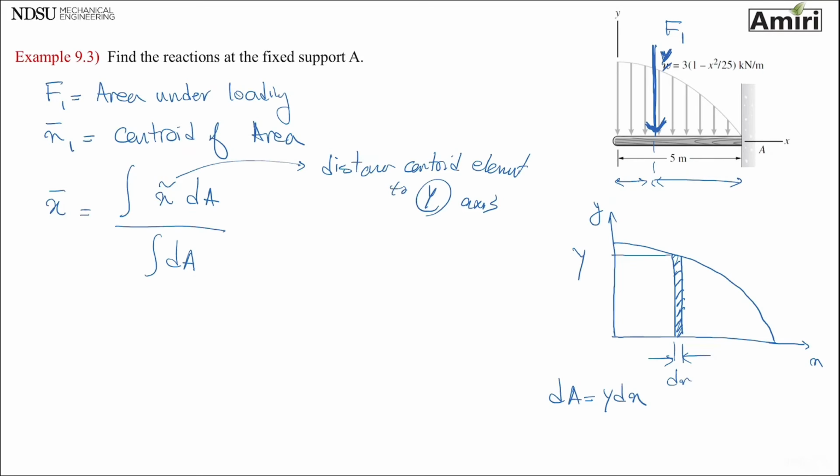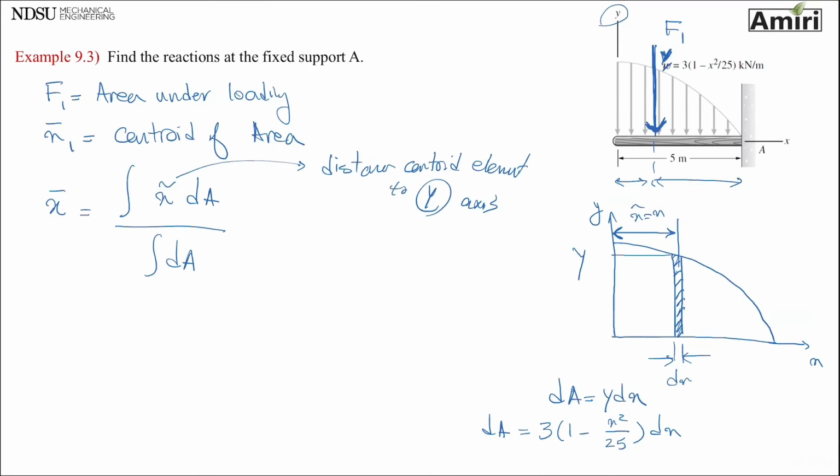Doesn't really matter. Or change that y to w. Means the same thing. So basically what I have is to replace y is 3(1 minus x squared over 25) dx. This is my dA. Since we're at it, let's find x tilde, the distance between centroid and y-axis, which is x.